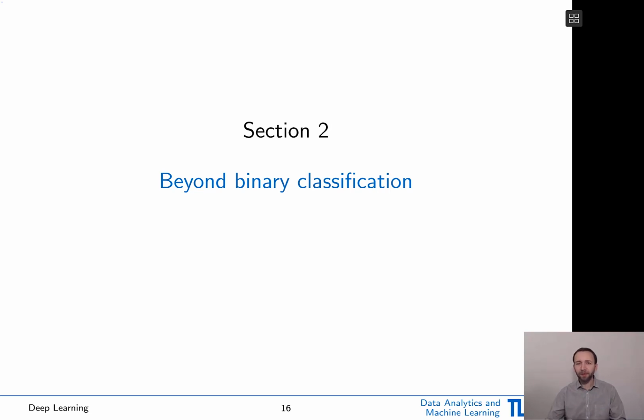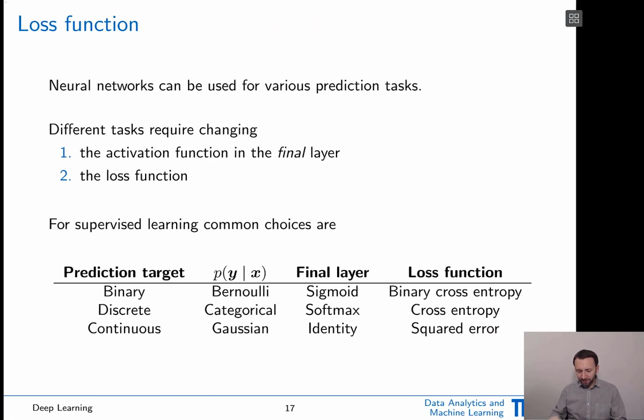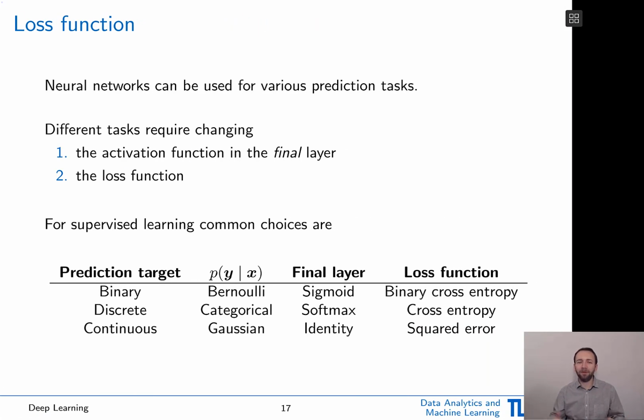Okay, and of course, this is not now restricted to binary classification. So far we just talked about the simple setting where the output is a scalar which represents the probability of class 1. So we had the sigmoid in the last layer. But of course, this is not all we can do with a neural network. Neural networks in general are very flexible.